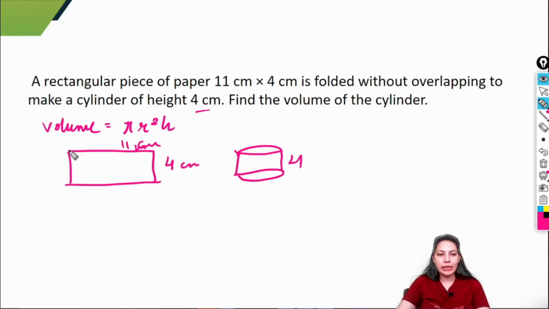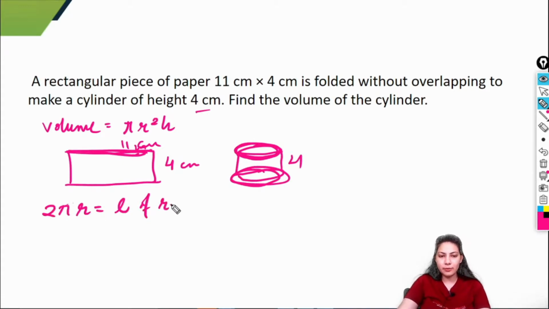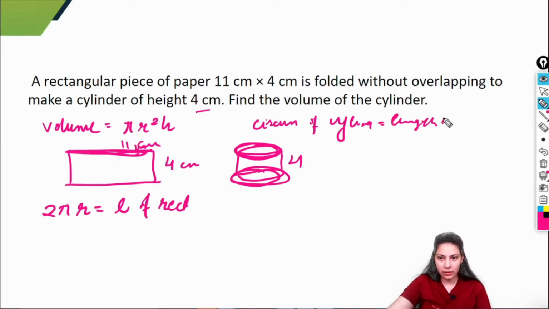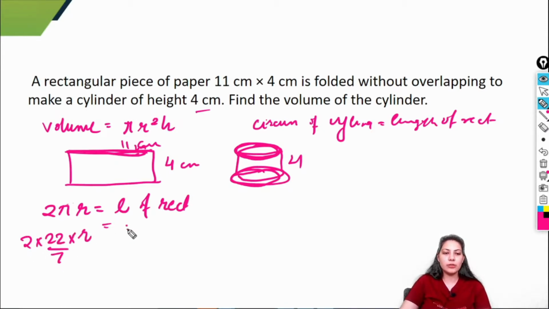Now the length of this rectangular sheet forms the circumference of our cylinder. So we can say that 2 pi r, the circumference of our cylinder, is equal to the length of our rectangle. So 2 into 22 by 7 into radius is equal to 11.